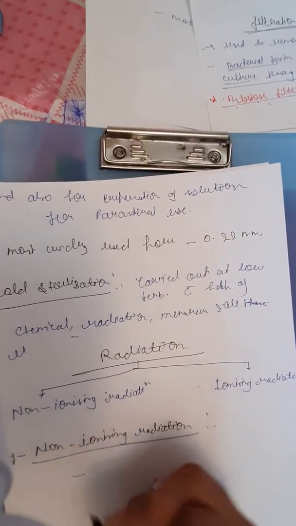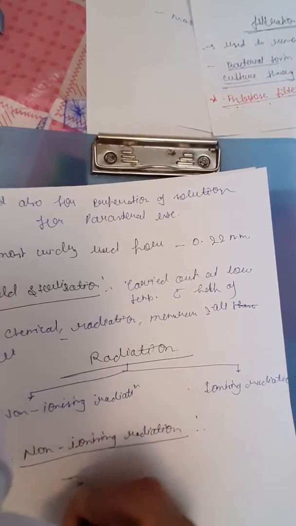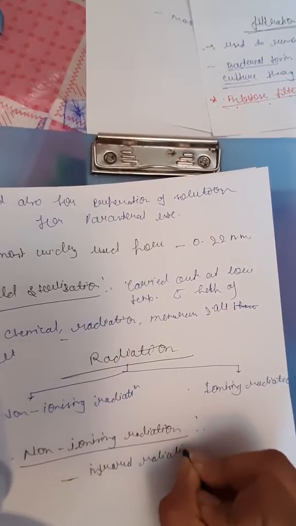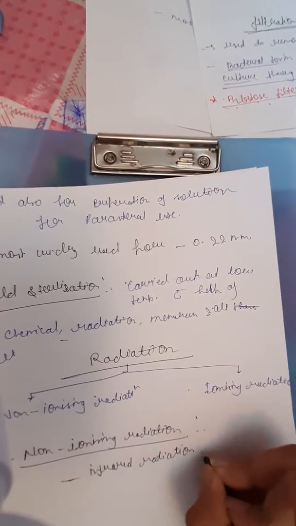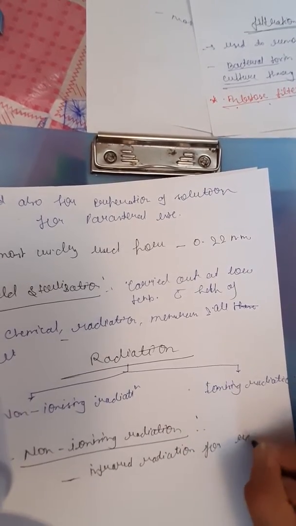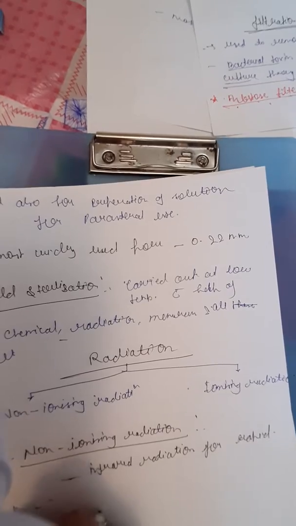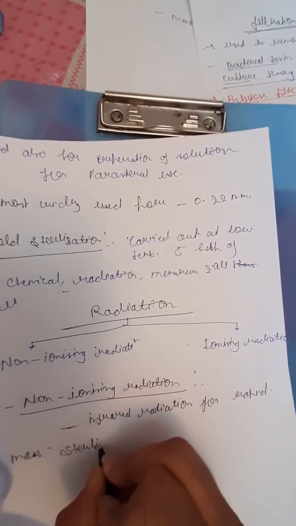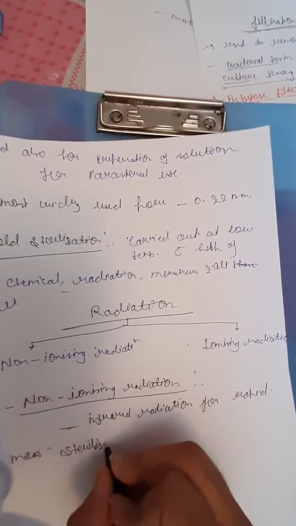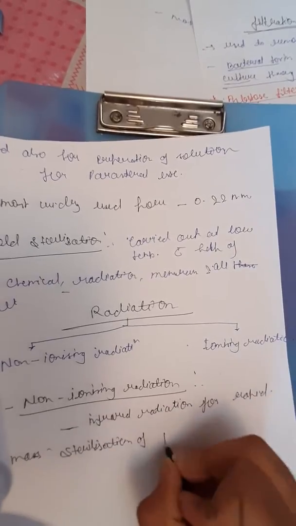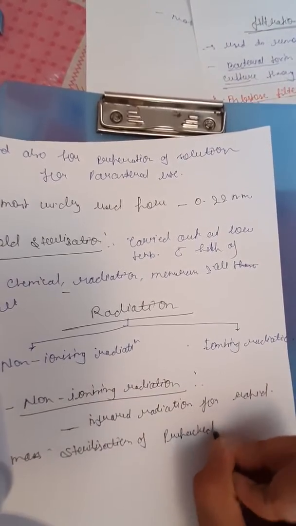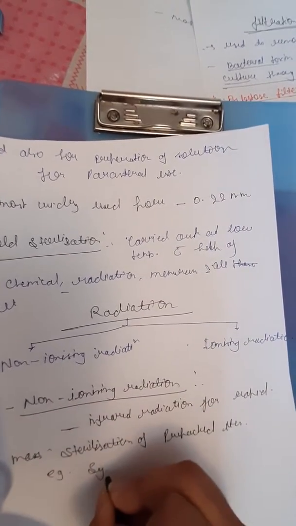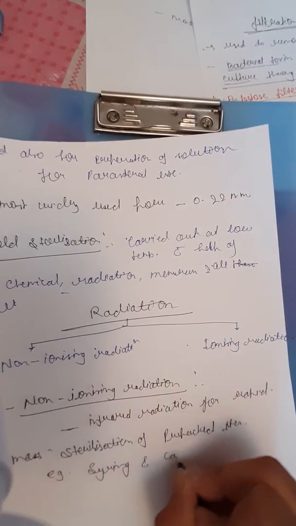Here we use infrared radiation for rapid mass sterilization of prepacked items, for example syringes and catheters.